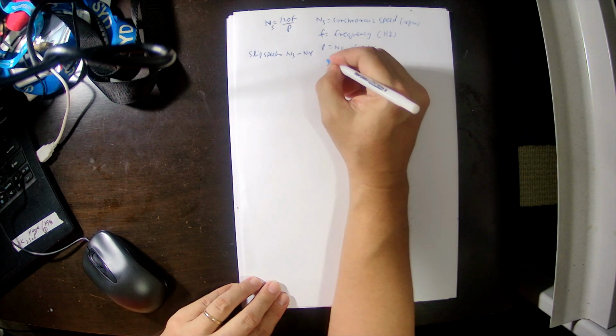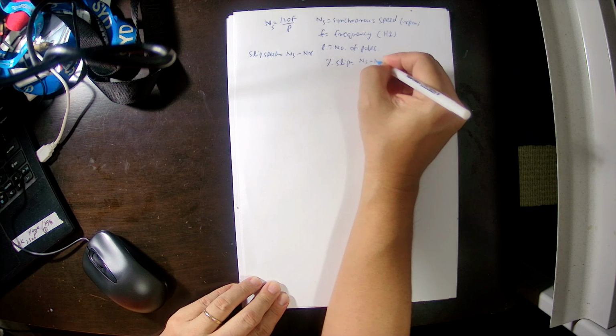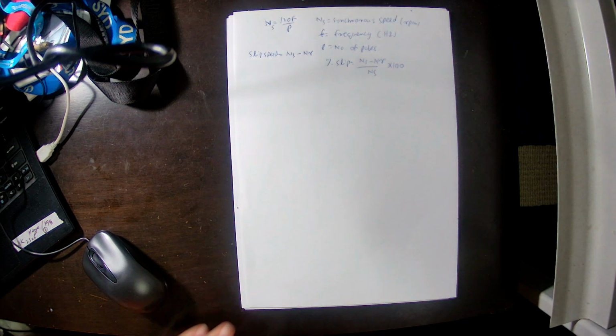There is a difference between the synchronous speed and the rotor load speed, and this difference is the slip speed. Then we can also calculate the percentage slip equal to Ns minus Nr divided by Ns, multiplied by 100. Those are the equations for this motor.